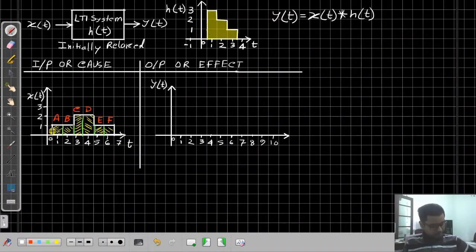Okay, so let me begin with slice A. This is an impulse occurring at time equal to 1, and the area of this is 1. So the output corresponding to this part will look like the impulse response, the response corresponding to an impulse, which we already know, which is given here.